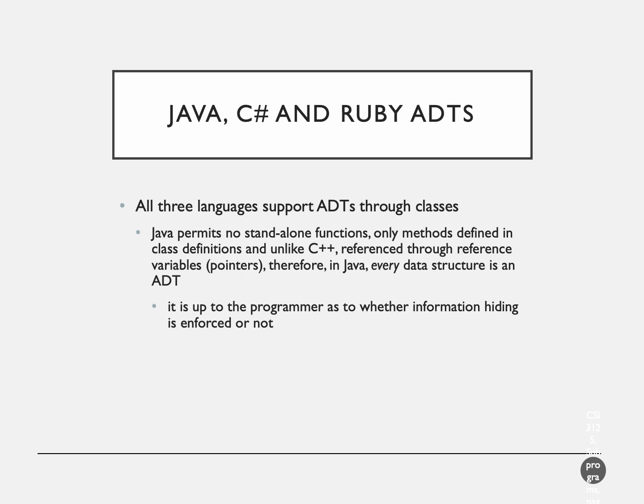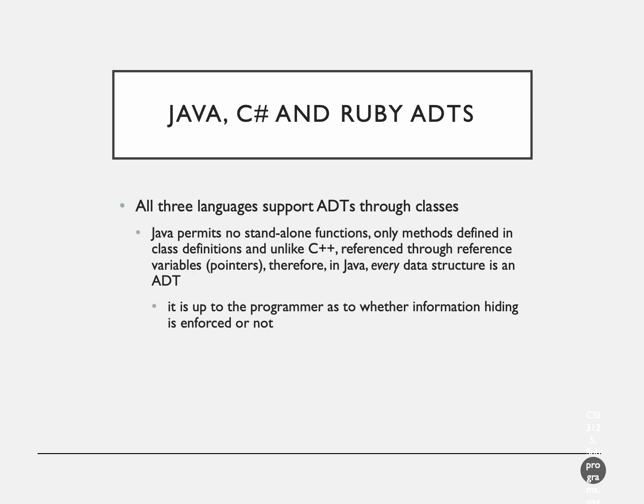Okay, now here we'll discuss how Java, C Sharp, and Ruby implement abstract data types. So all three languages enforce ADTs through classes, not structs or modules. In Java, everything is defined inside a class. There are no standalone functions. Every function must belong to a class.